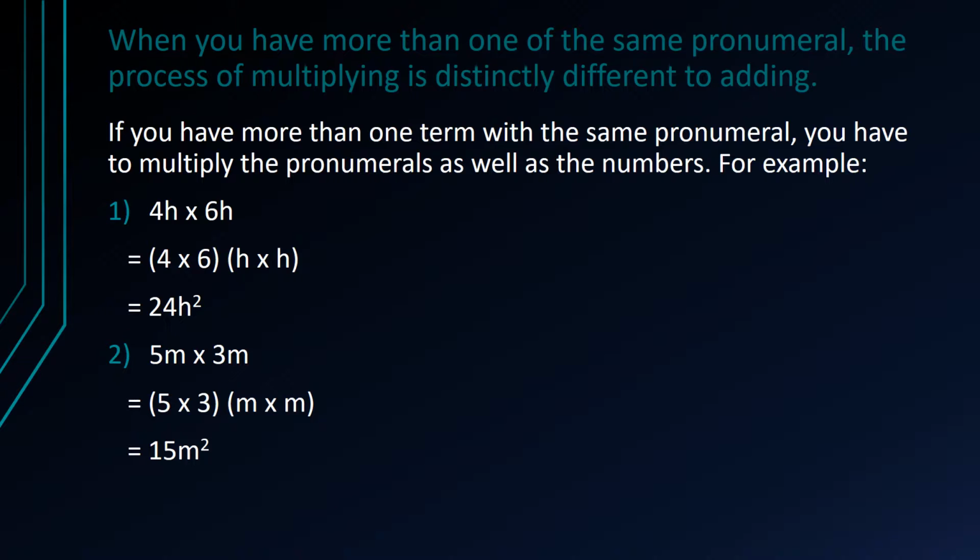Don't be tricked into just thinking it's two lots of h, it's definitely h times h. So in the end here, we've got 4 times 6 gives us 24, and h times h gives us h squared. In the second example, 5m times 3m, well, you've got your 5 times 3, which gives you 15, and then m times m, which makes m squared.